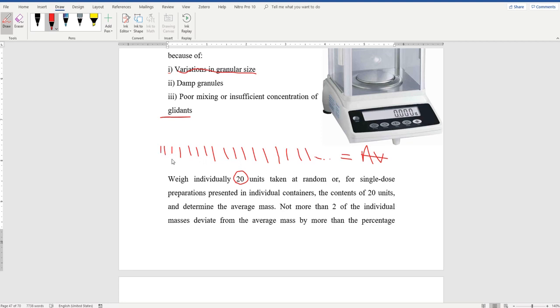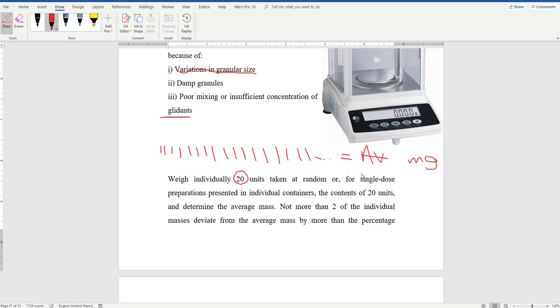You will sum the 20 weights: this weight plus this weight plus this weight, and so on. Then divide by 20, the total number of units. You will get the average. So your average will be something in milligrams, for example 100 milligrams or 200, 300, 350, 367, etc.